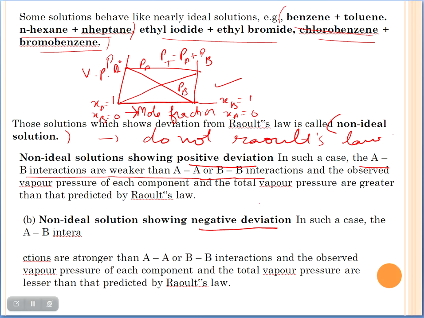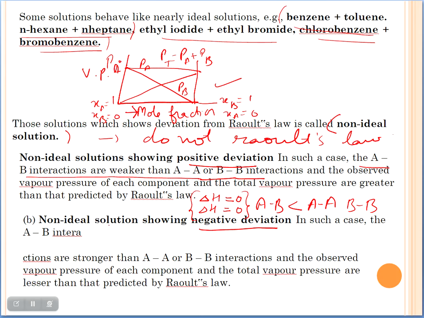Okay, weaker. Clear? So in this case, change in heat and change in volume will be equal to 0.